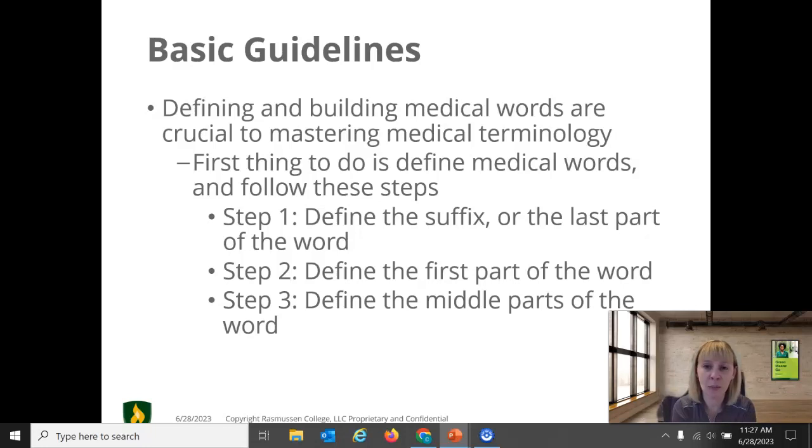Then define the word part itself. So we go from outside, first, middle. So define the suffix or the end, then define the prefix or the beginning, if there is one, and then define the middle of the word. And that will help to break down that medical term for you so you can fully understand it.